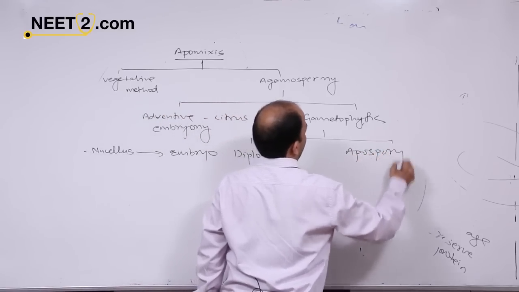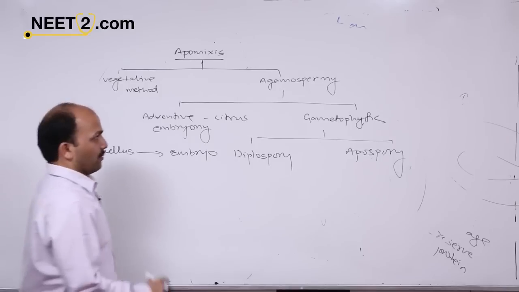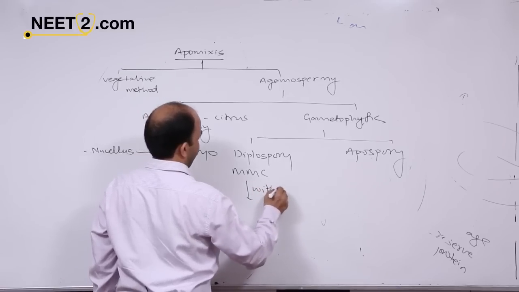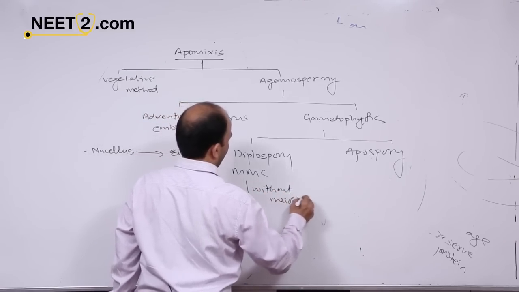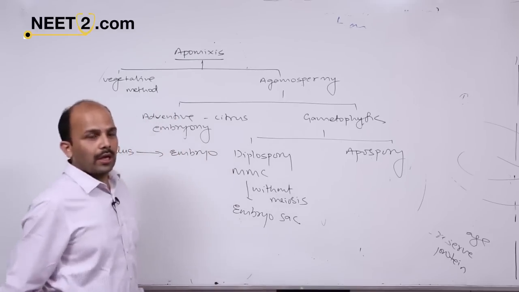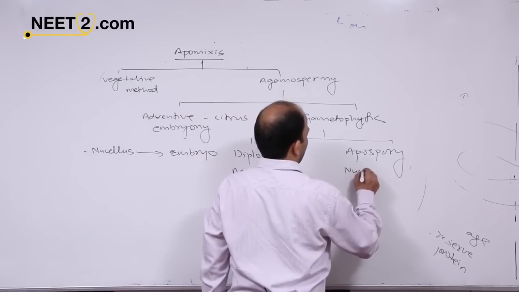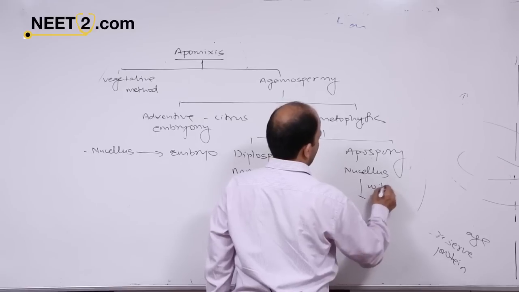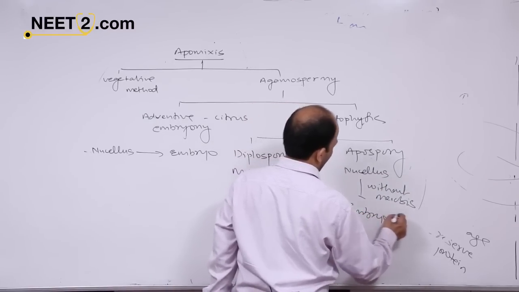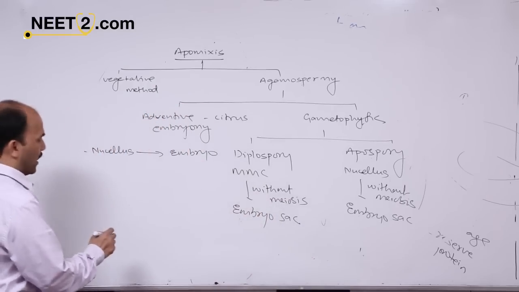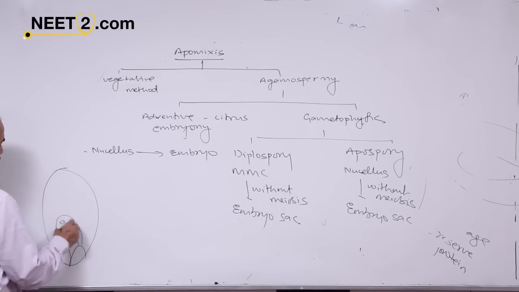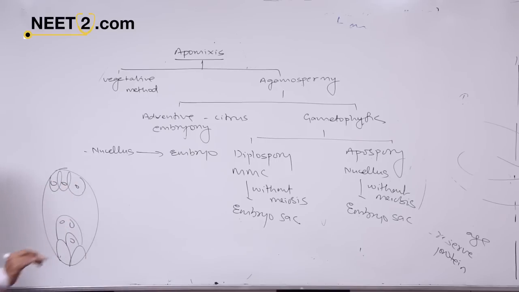Diplospory and apospory, both the processes are formation of embryo sac without meiosis. If from the megaspore mother cell, without meiosis, the female gametophyte or embryo sac is formed, then the process will be called diplospory. If embryo sac is produced from a cell of nucellus without meiosis, important is without meiosis, then the process will be called apospory. Now this embryo sac has diploid cells because in the formation of this embryo sac there was no meiosis, so all the cells will be diploid.